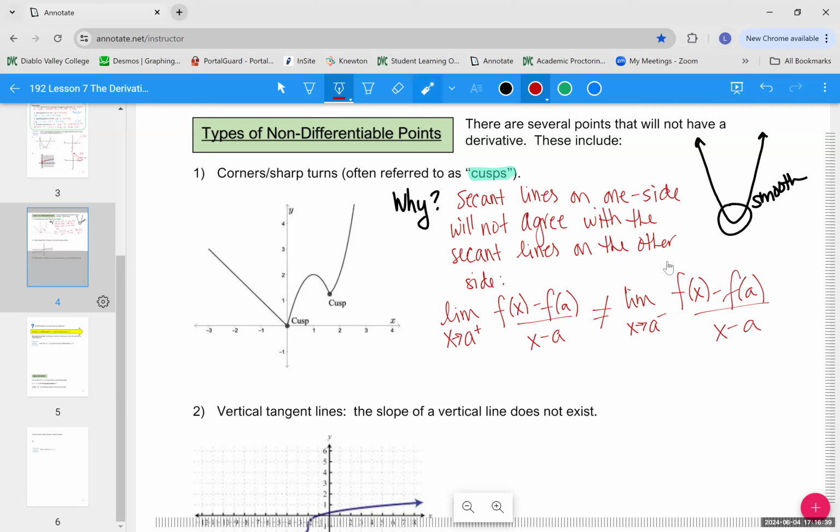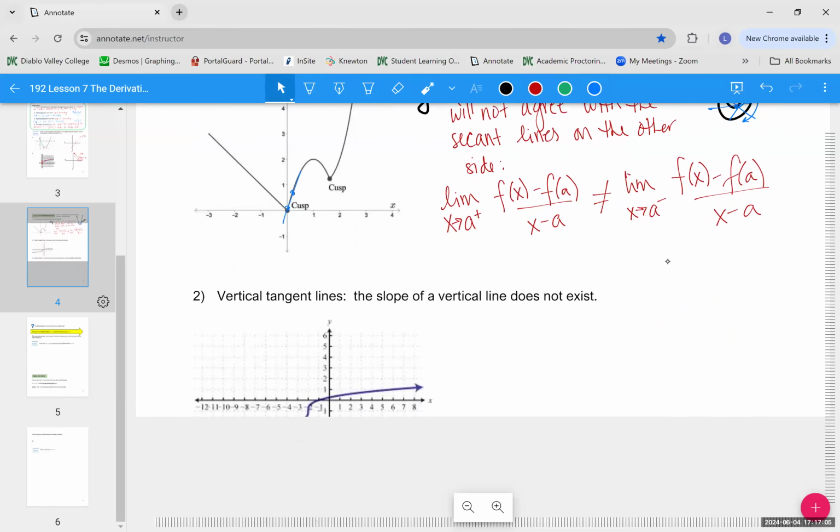And when you have a nice smooth transition, that doesn't happen because if you can visualize, these lines, as you go this way, are really just turning into that horizontal line. And same with the ones on the other side. Whereas here, I'm not approaching a horizontal line at all. So it's the sharpness of the point that creates that lack of agreement.